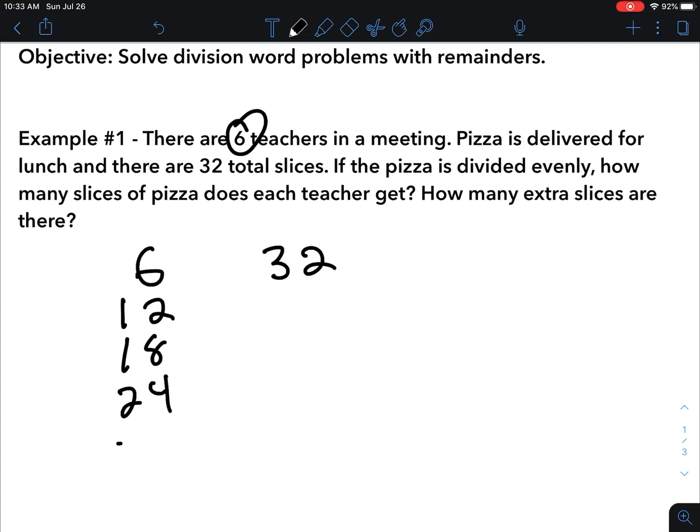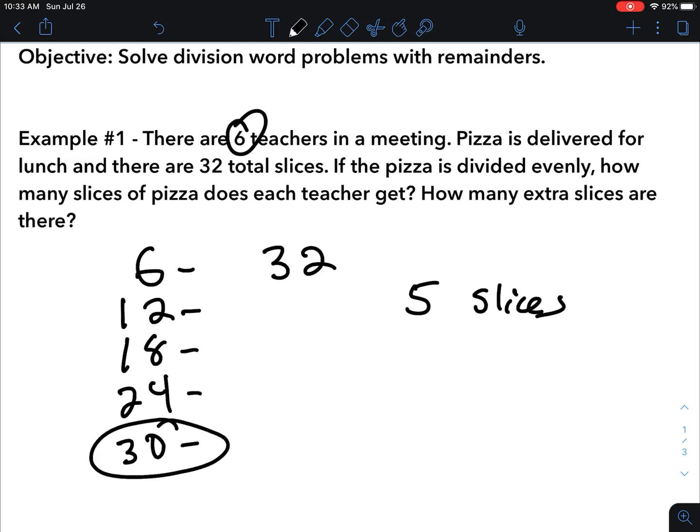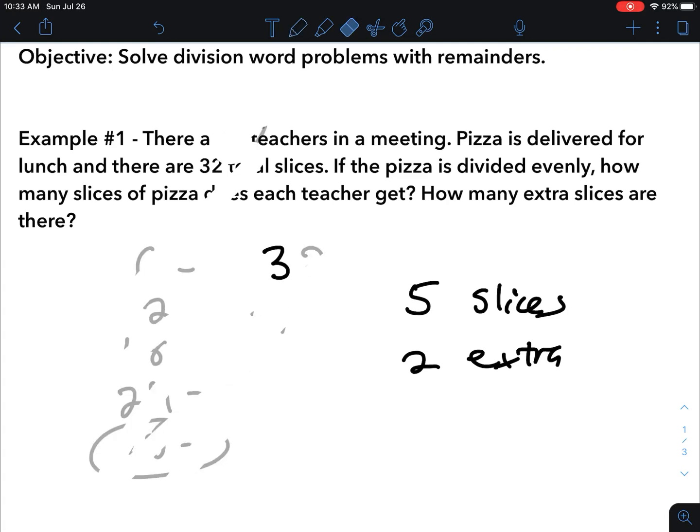So I could do 6, 12, 18, 24, 30, and I can't do another 6, right? So you're doing division. How many 6s go into 32? There's 1, 2, 3, 4, 5. So each teacher gets 5 slices. You can count to 30, and the difference between 30 and 32 is 2, so there's 2 extra.